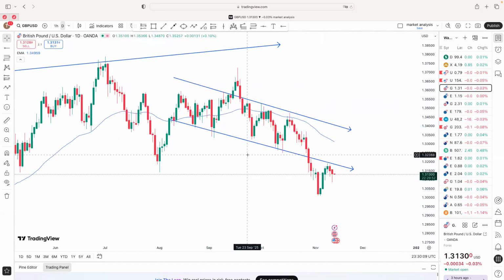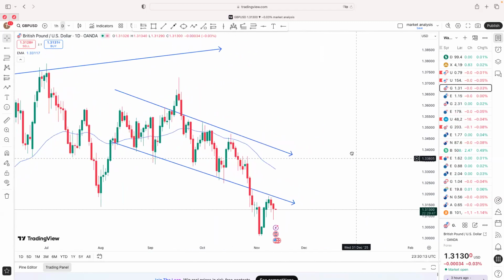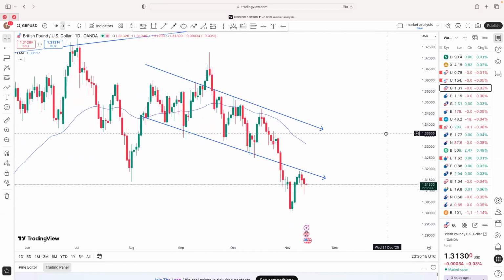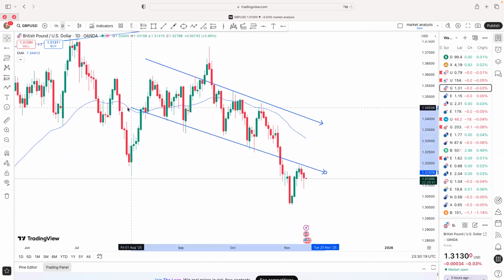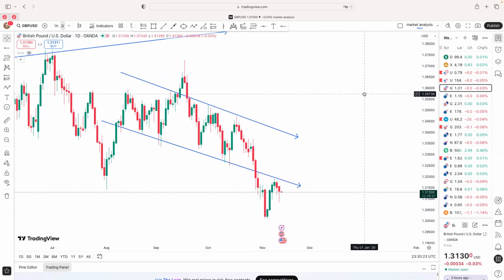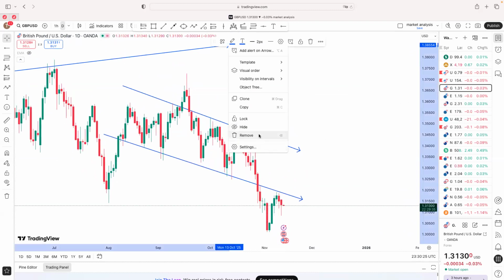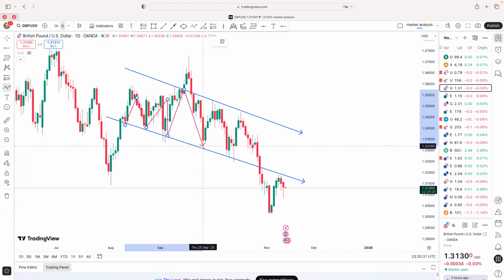Let's forget about this area of interest. The market was moving on a downtrend here, right? Let me remove the EMA as well. I don't want to put too many things. The market was moving on a downtrend. This is the support area.